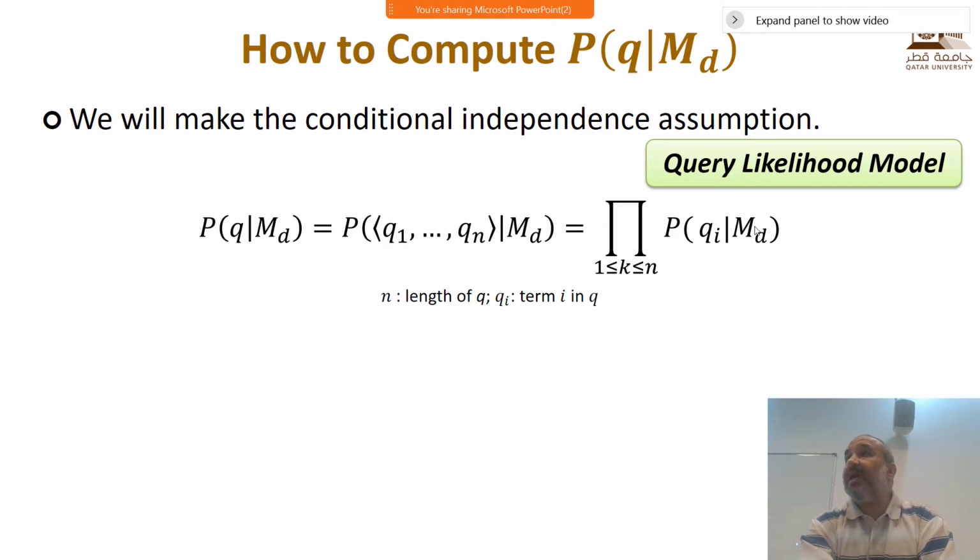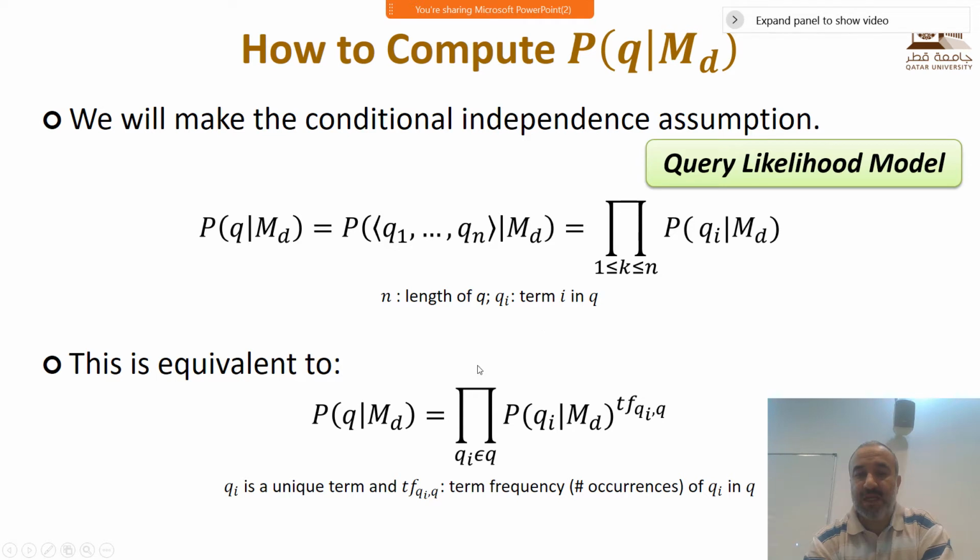Now, what is remaining? What do we need to get now to compute this probability? We need to compute this, right? If we compute this for every query term, then we compute it for the query as a whole, right?